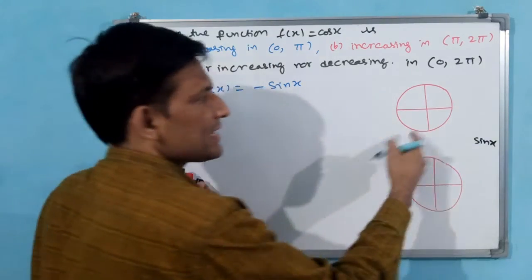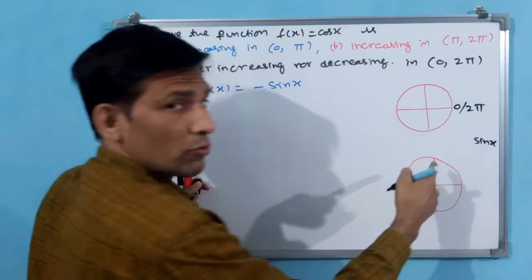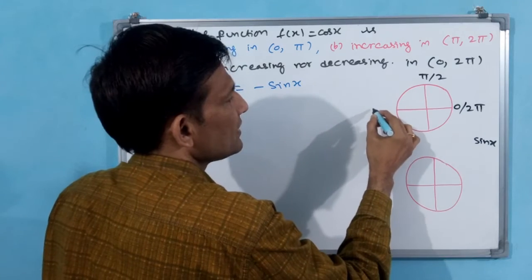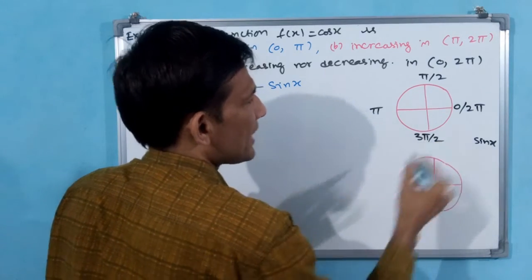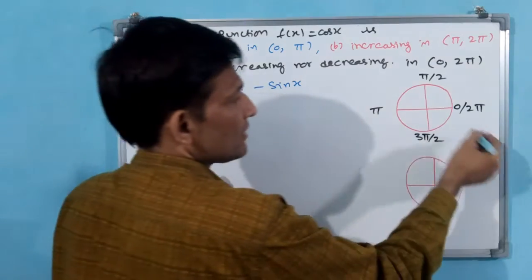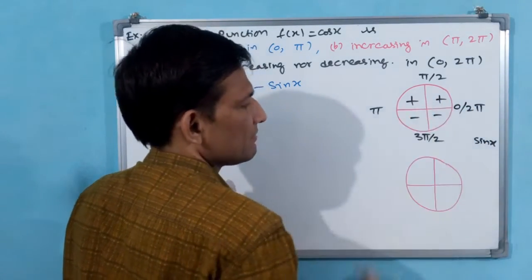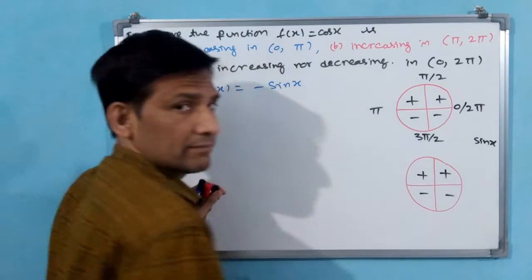See, angles I am drawing. 0 angle or 2 pi angle, both are same. Here this is pi by 2 angle. This is pi angle. This is 3 pi by 2 angle. For sine, all silver teacups, all sine.